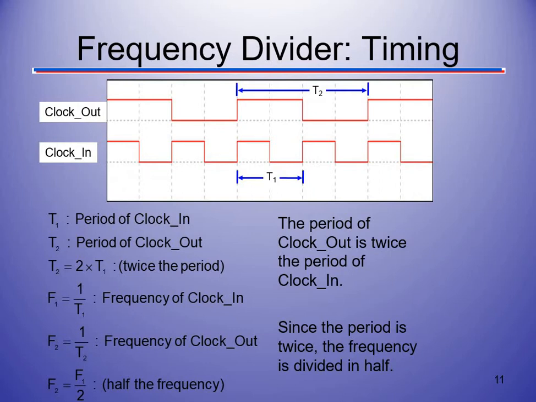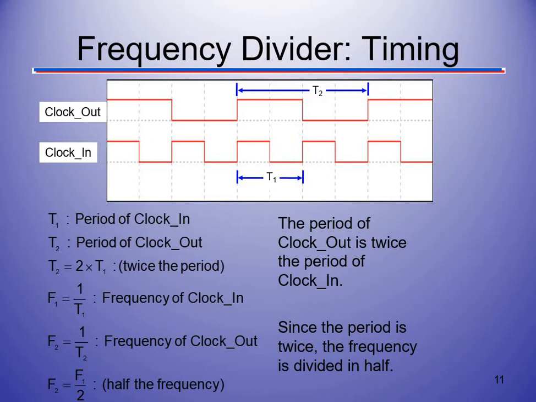All right. This is just a review of the frequency divider, right? When we talked about periods and different things with time, frequency, duty cycle, all those different things we talked about before. But remember, the period is from one rising edge to the very same rising edge at the next time. So if we look at clock in, that period is T1. All right, it goes up, down, and then back up. So it's rising edge to rising edge on our clock in.